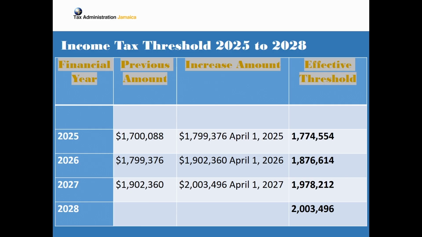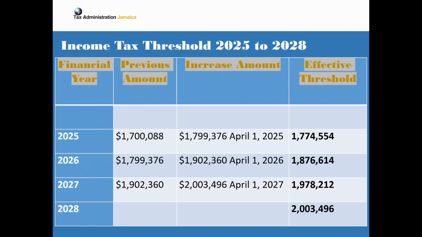So how do we get the real threshold? Is it the previous one or the one that they now have? Or do we add the two of them? No. What happens here is that we would take the first 3 months in 2025 at the old rate, and then the next 9 months at the new rate, which is April 1 of 2025 to December.